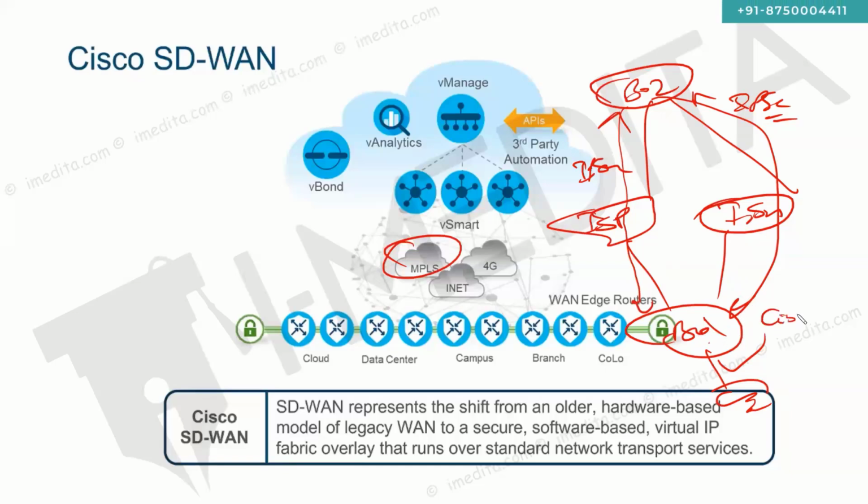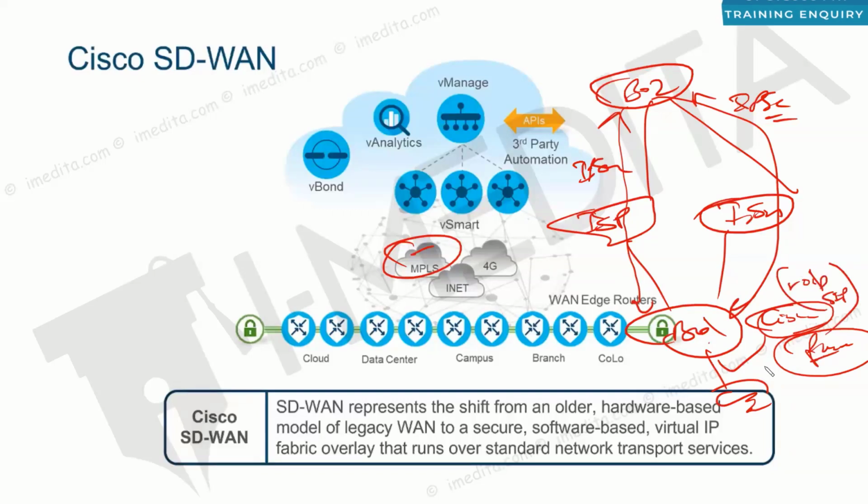But what Cisco says is, don't use MPLS, use packet duplication. You have two internet connections, and redundant IPsec tunnels between the branches. For voice over IP, let's say you're using SIP, use packet duplication.